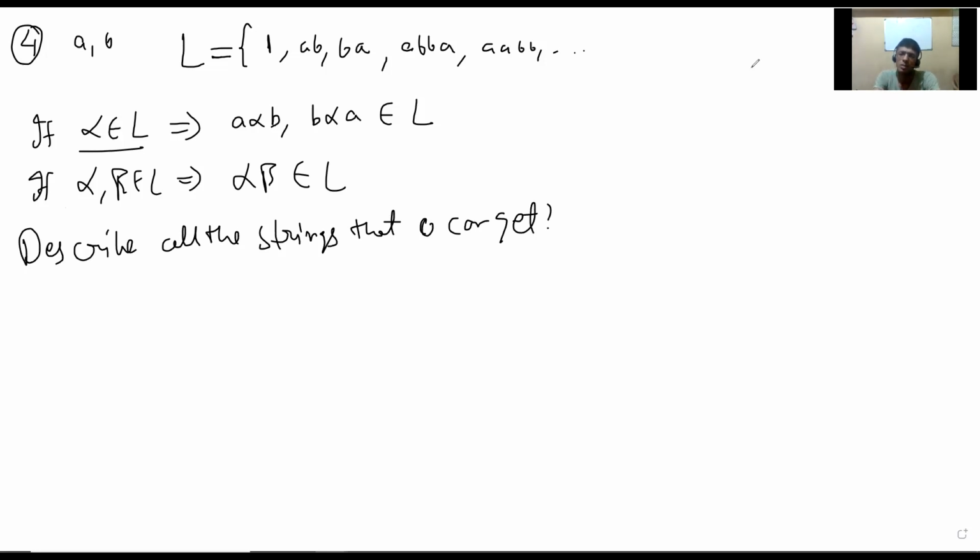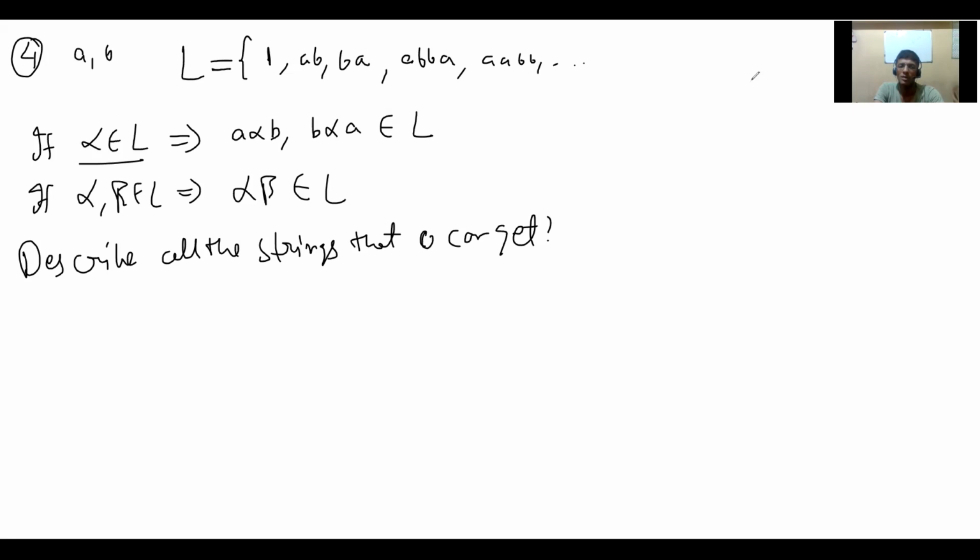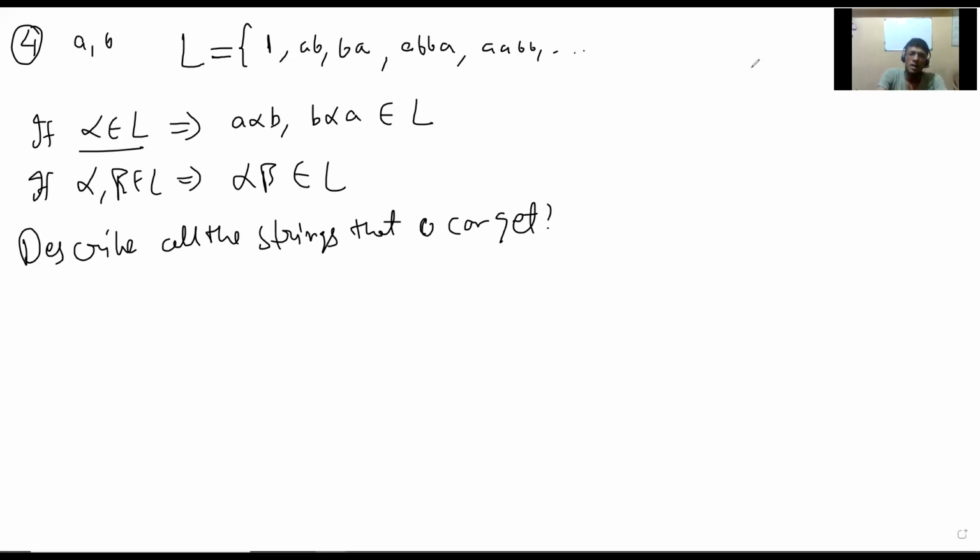At least something you should be able to say. What is the property of the strings that you are getting? They have some common feature. Look at the rule. The rule will tell you.